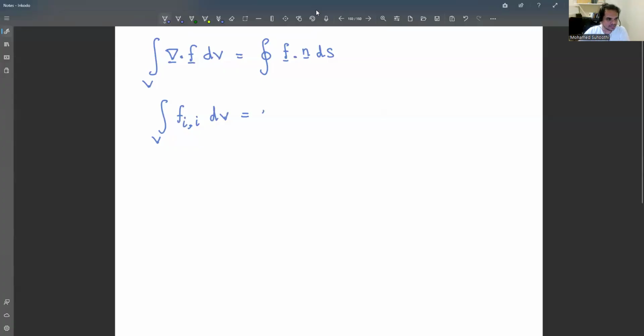Here the surface integral of Fi dot ni, that means Fi ni, the dot product: F1 N1, F2 N2, F3 N3, summation convention, ds. So this is called the divergence theorem.